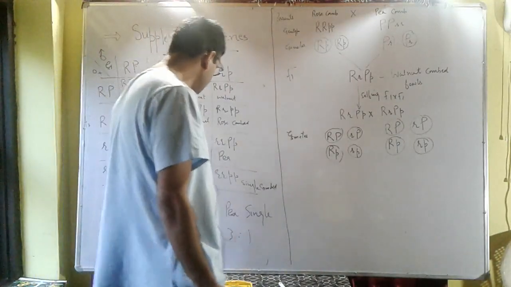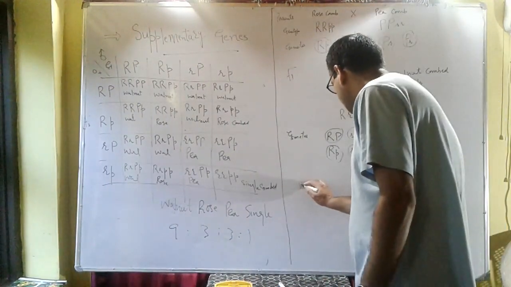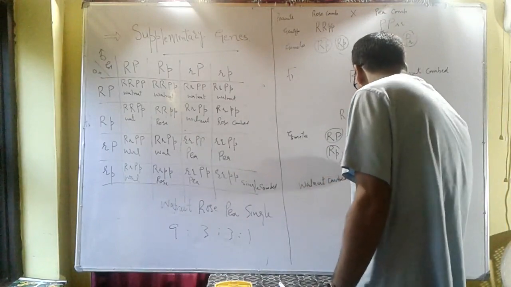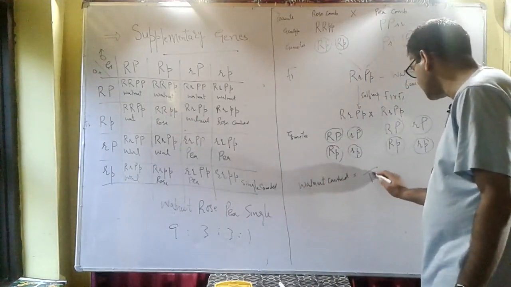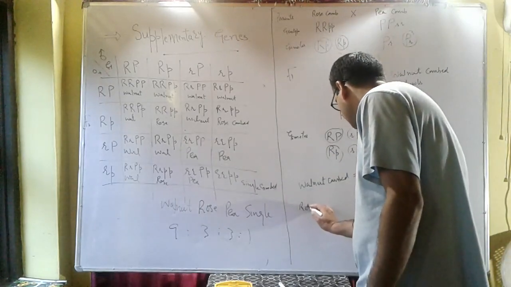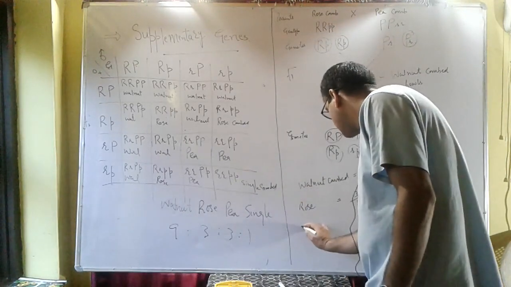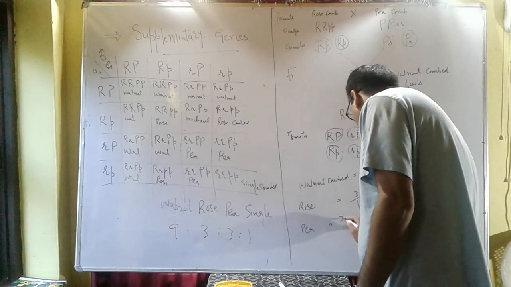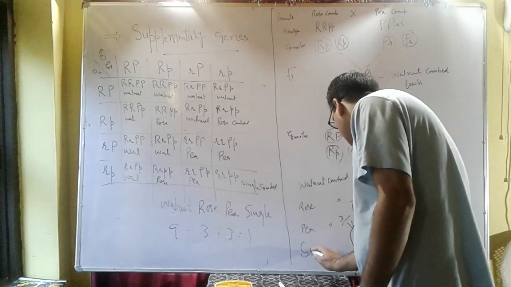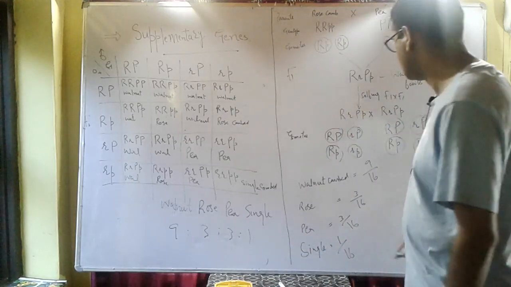So the ratio is 9:3:3:1. Out of 16, 9 are walnut combed. Then we have rose combed. Out of 16, 3 are rose combed. Out of 16, 3 are pea combed, and out of 16, 1 is single combed.